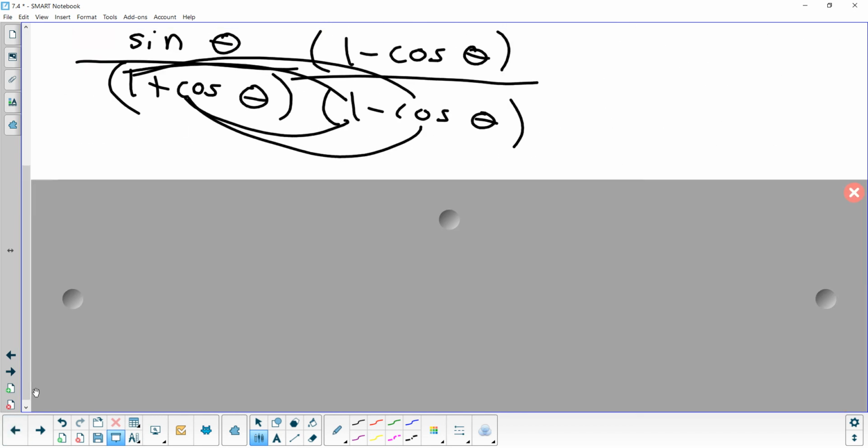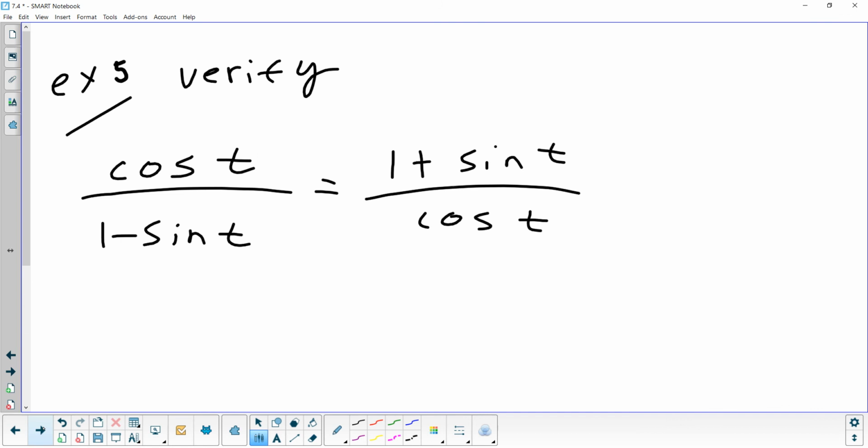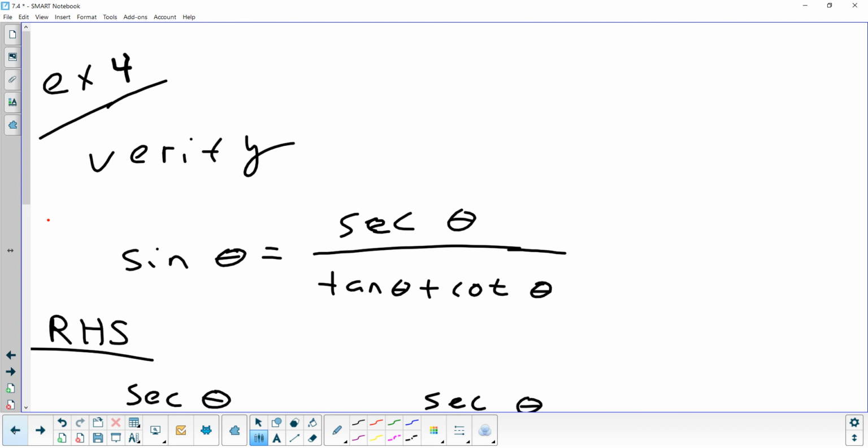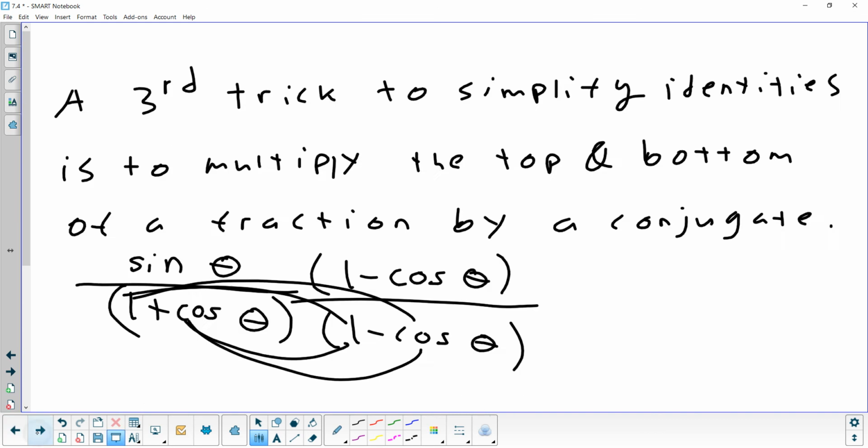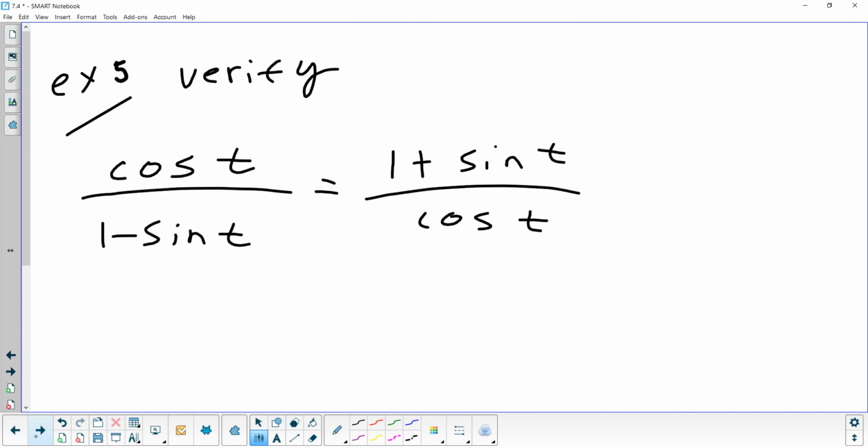Right, so let's try this one. Now, the last verify problem, I think it was very clear cut which side was more complicated. There's no question the right-hand side was more complex. In this one, they're about the same. I don't really think you could argue one side is that much more complicated than the other.